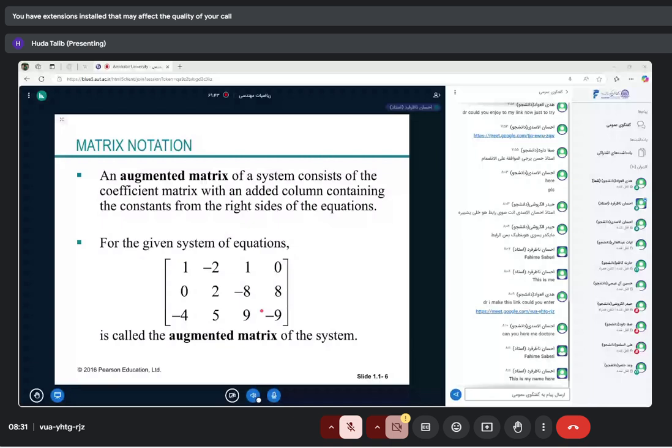For instance, just pay closer attention to this example. Solve the given system of equations: x1 minus 2x2 plus x3 equals 0, and the others. The corresponding augmented matrix is the coefficients plus the right side values, so we have this one.